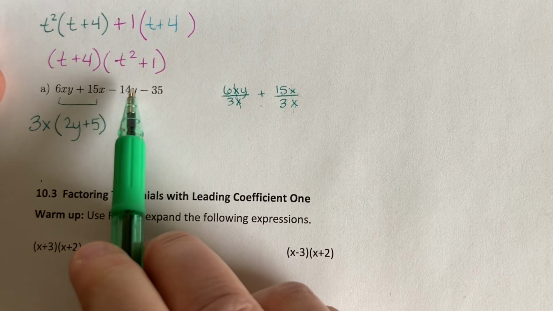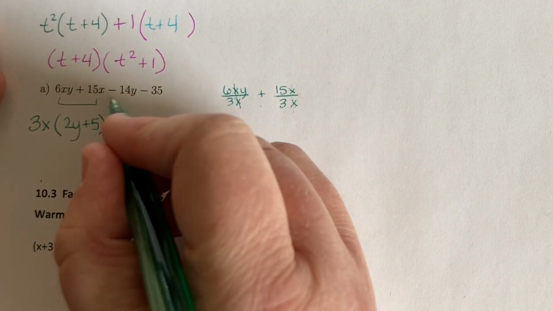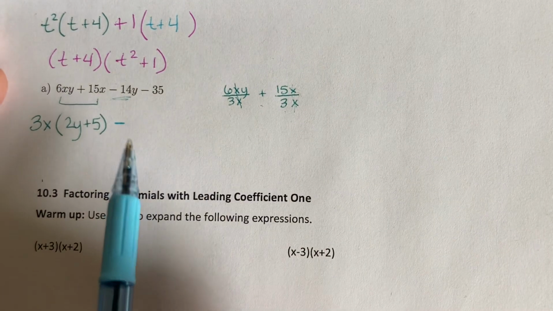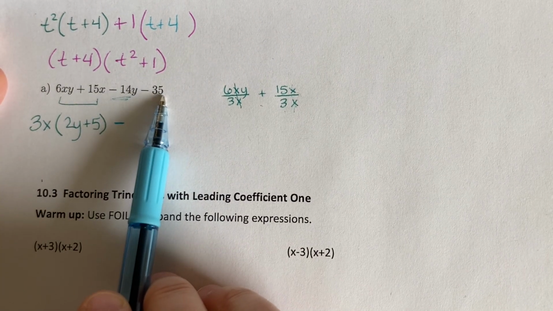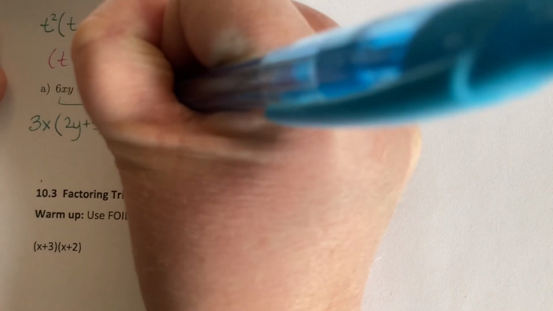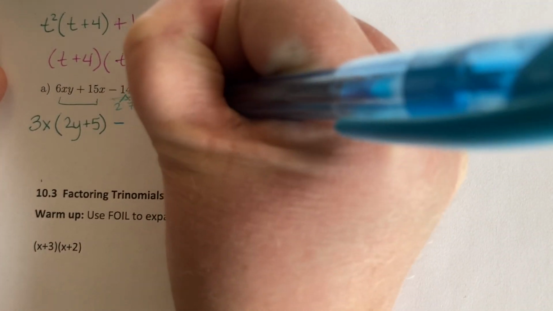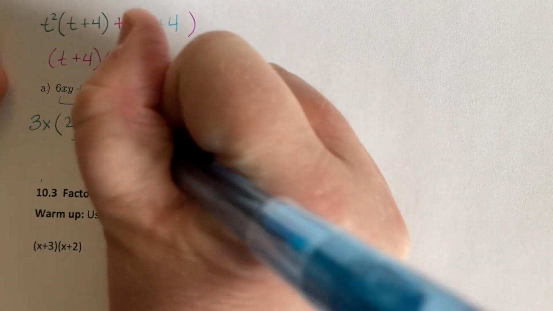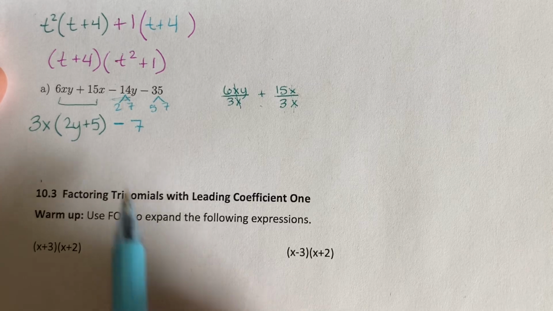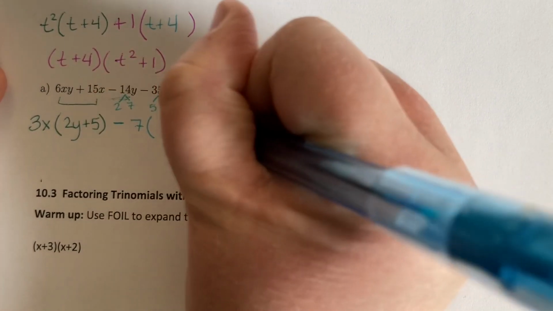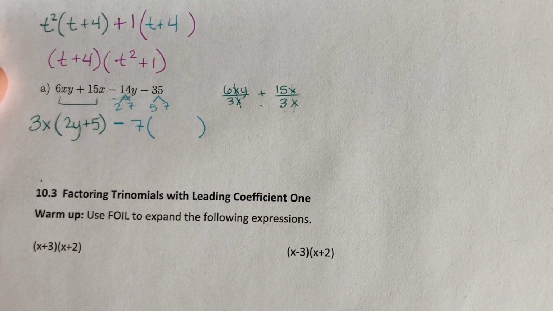All right. These two, the leading coefficient is negative, so I know I'm going to be factoring out a negative. Now I just have to figure out what divides 14 and 35. Hopefully we know our times tables well enough to know that 14 is 2 times 7, 35 is 5 times 7, so it's the 7 that's in common. So we're going to factor out a 7, and there's no variable in common because one has a y, the other doesn't. So it's just negative 7 we need to divide by.